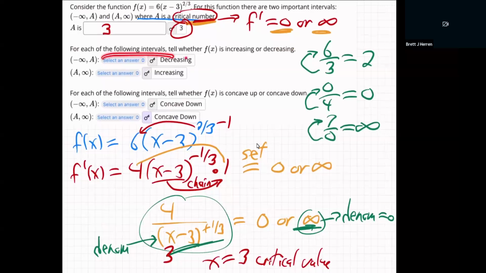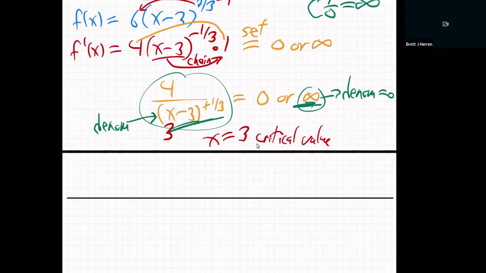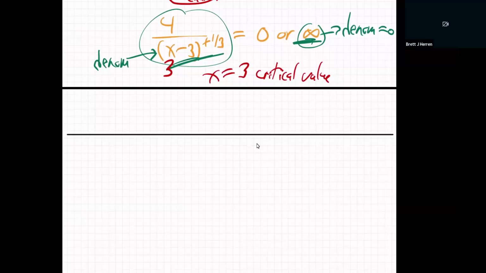For each of the following intervals, tell whether it's increasing or decreasing. They want us to check before a, which is 3, and after it. So we do a number line thing. We're going to just pop 3 in the middle here. This is 3.